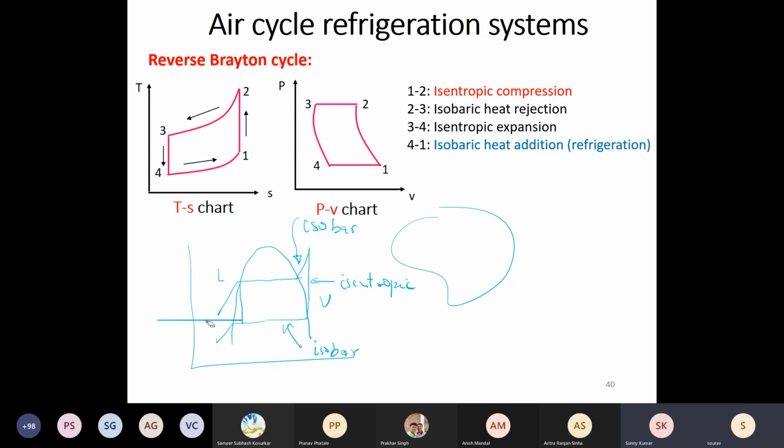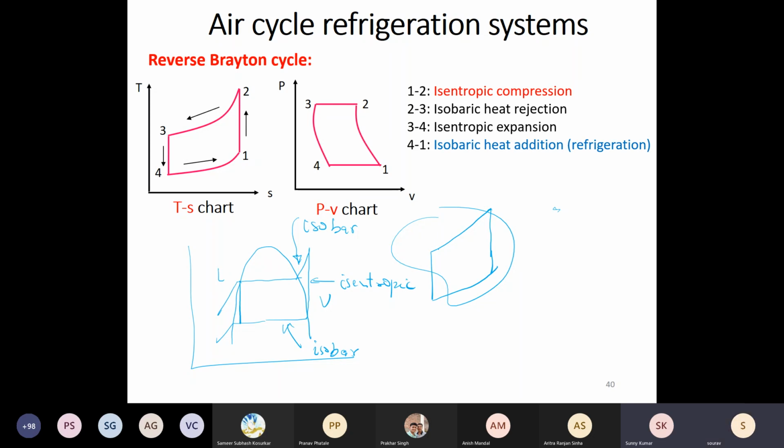So this would have been the process. So how will this same process look if I shift the entire cycle to the superheated region? It will look like this. Somewhat like this.